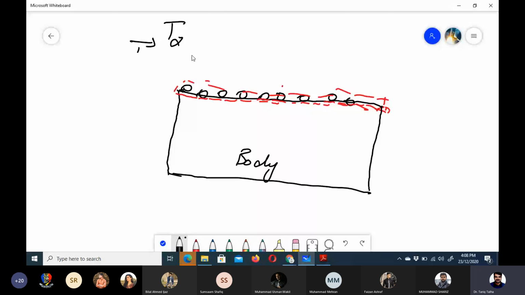So from here, all the heat would come to the surface by Q conduction, and then from the first layer it would go out by Q convection, to the second layer and the third layer. So for the first layer, we can say that Q conduction is equal to Q convection.